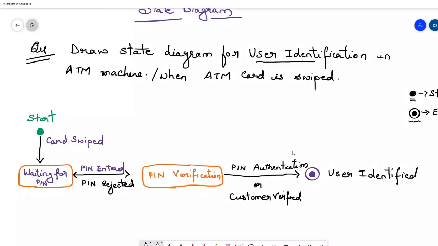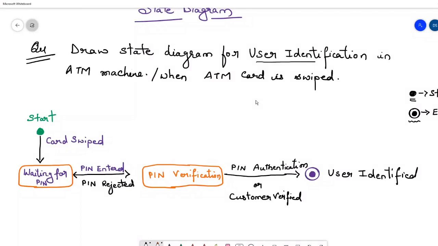If they had asked, after the user identification, to go for withdrawal of money, then we would have so many options. Or if they were talking about the various services of the ATM, then mini statement, withdrawal, checking the amount in your bank account, so many options would be there. So it depends what the main motive of the question is, what is being asked there.